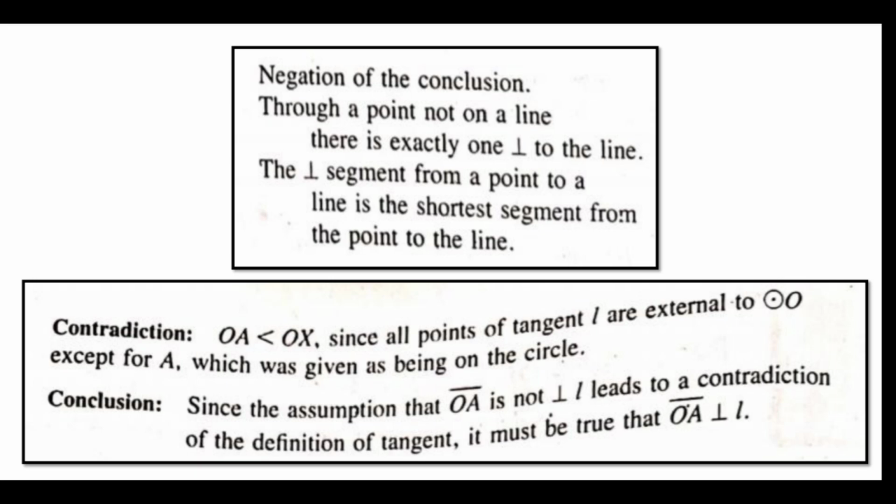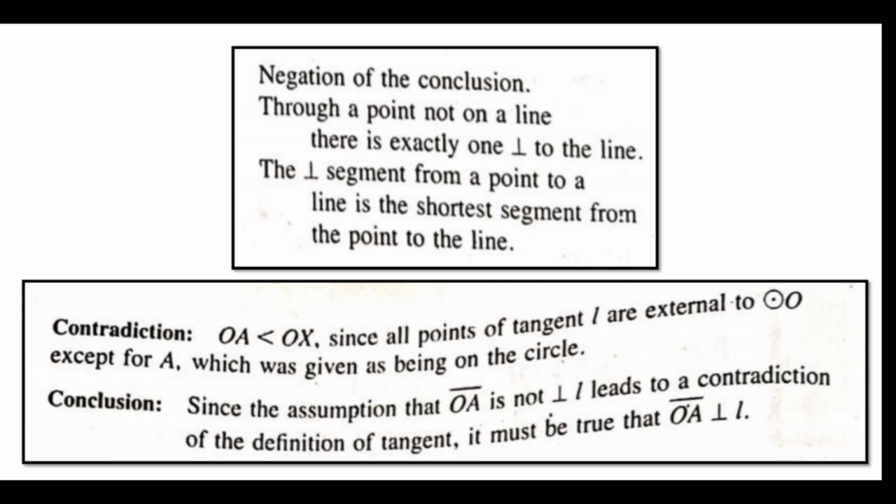So what is our contradiction? OA is less than OX. Since all points of tangent L are external to circle O except for A, which was given as being on the circle.